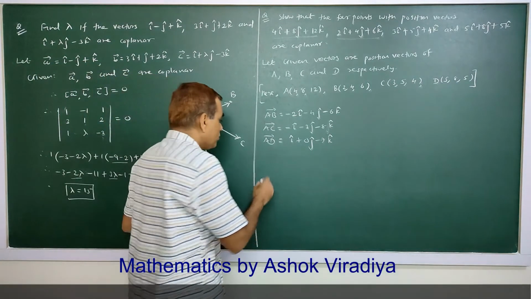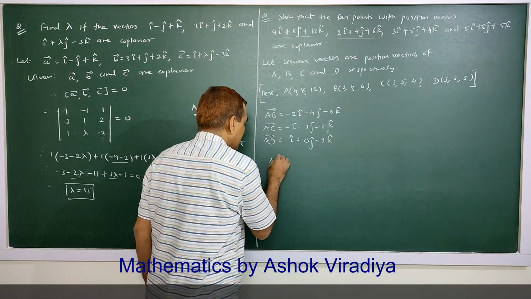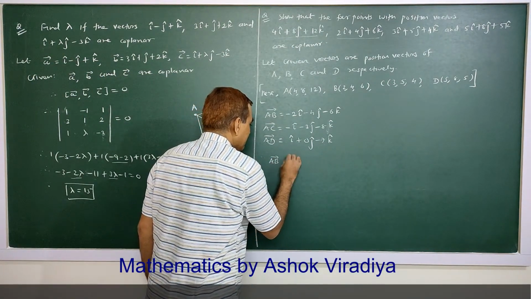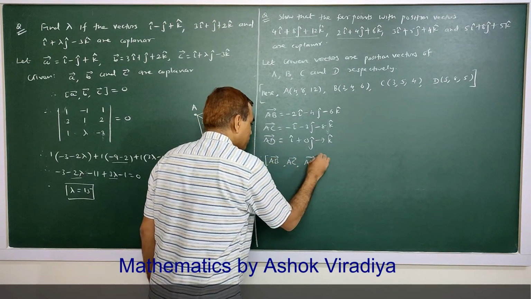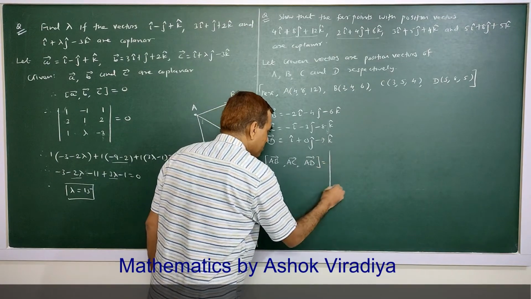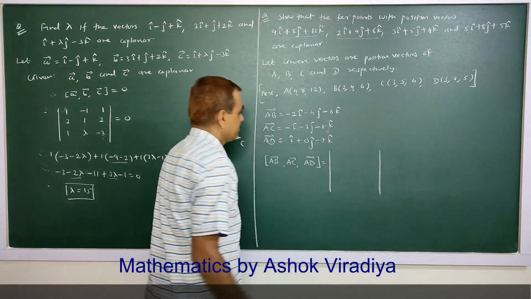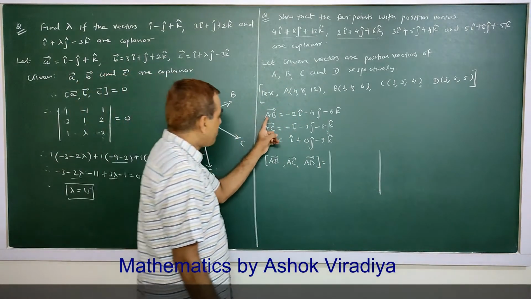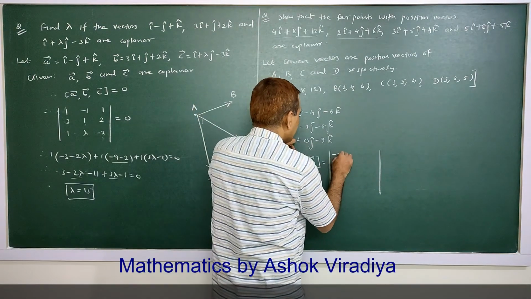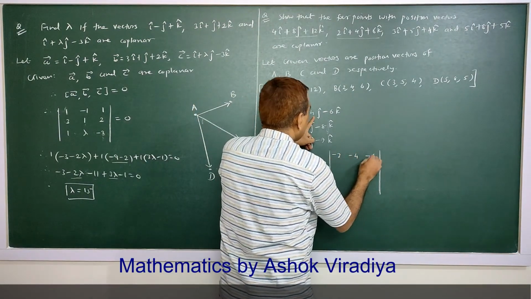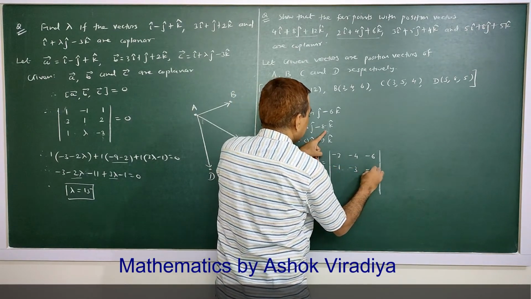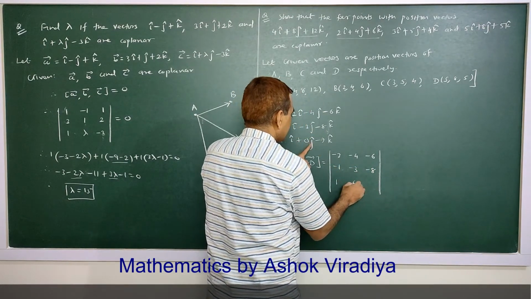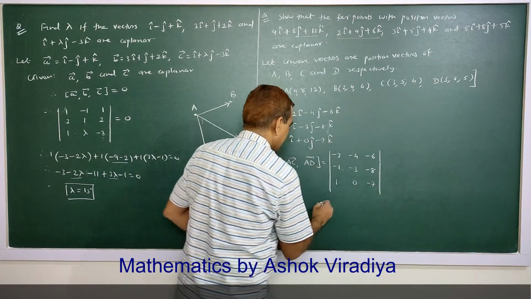Now therefore, calculating the box product, the scalar triple product of these 3 vectors, with components of vector AB: minus 2, minus 4, minus 6; AC: minus 1, minus 3, minus 8; AD: 1, 0, minus 7.